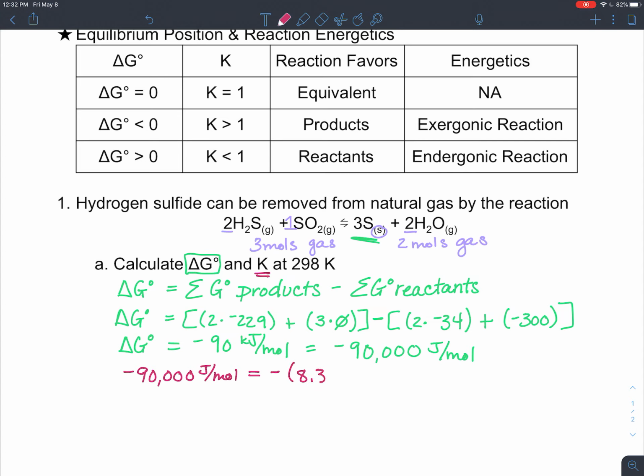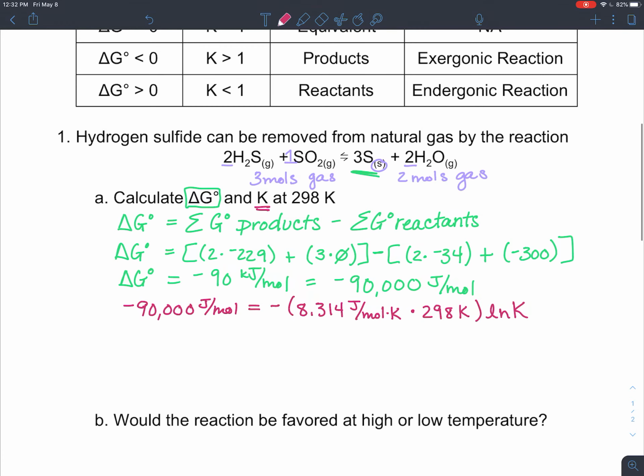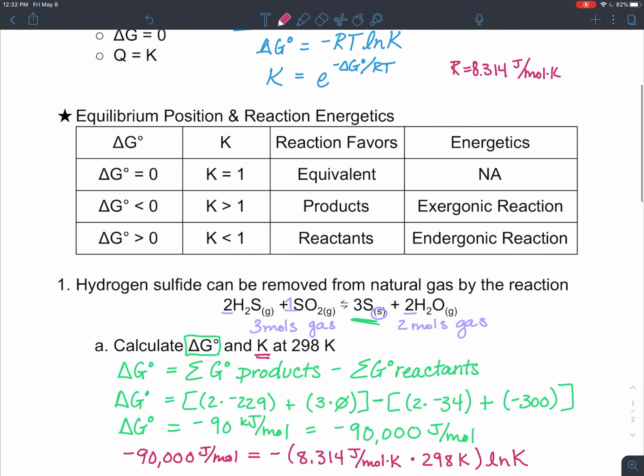So I'm going to have my 8.314 joules per mole Kelvin times the 298 Kelvin, okay, and times the natural log of K. All right, so if we want to rearrange this, we can, or we could use that other equation.